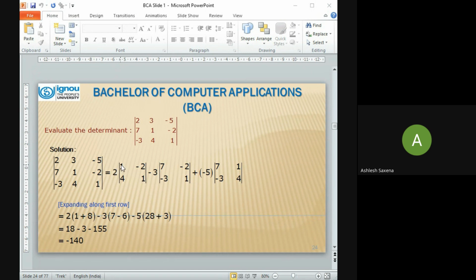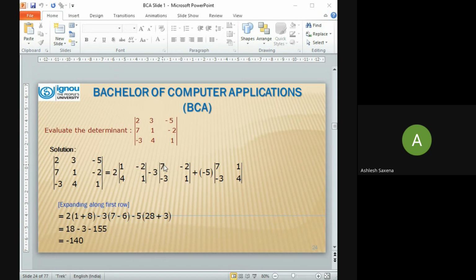What I taught you, this diagonal multiplied minus this diagonal multiplication. So what will be? 1 into 1 is minus 1, minus 2 into 4 will be minus 8. Minus into minus 8 will be plus 8. Then how did you get this?